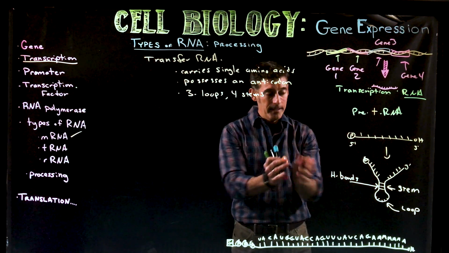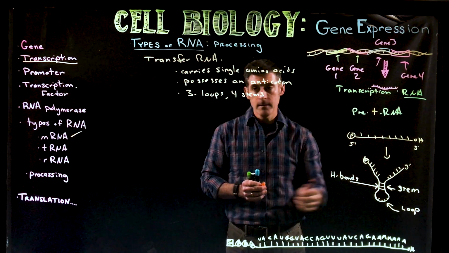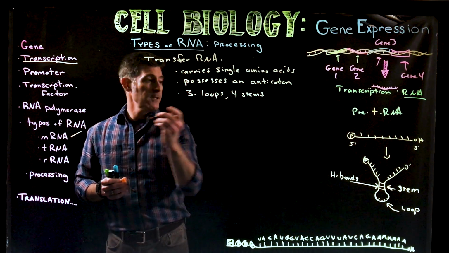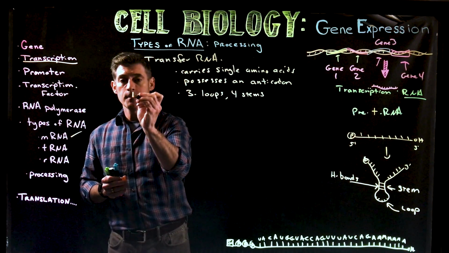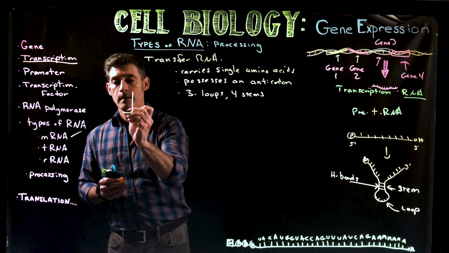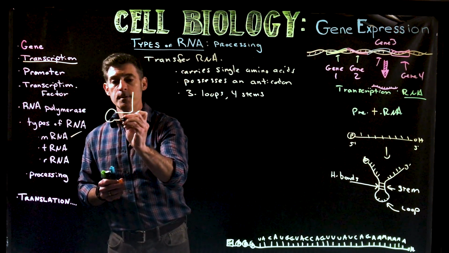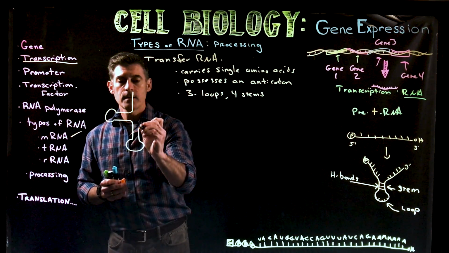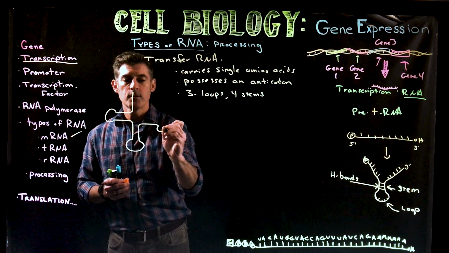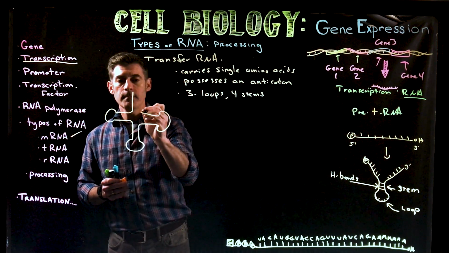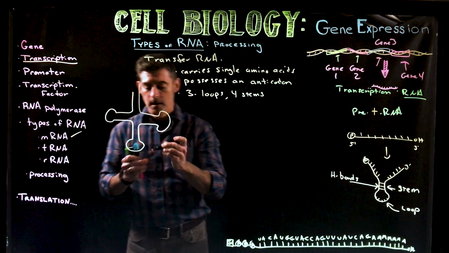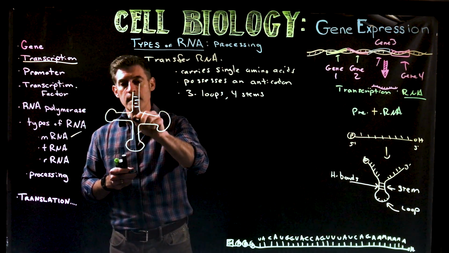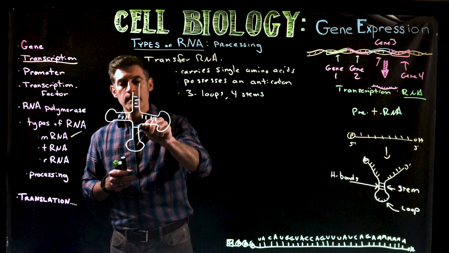That part doesn't. The overall structure of a transfer RNA, we said, is going to have now 4 stems and 3 loops. And so one simplistic way, this isn't the actual structure, but this is called a cloverleaf diagram, a structure of how the RNA in general looks. What we have is hydrogen bonds here, here, here, and here. All right, these are the 4 stems.